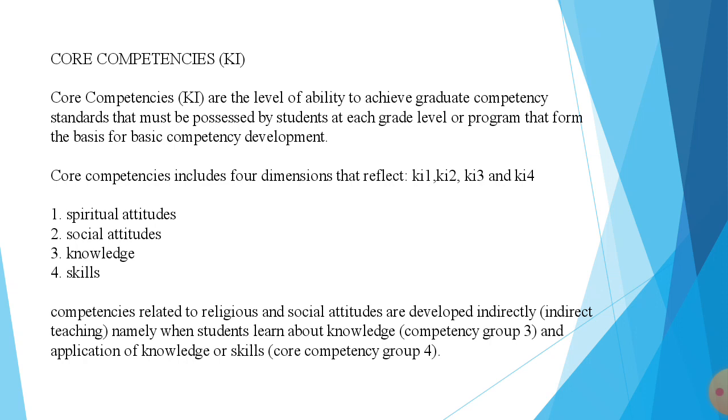Spiritual attitudes, 2. Social attitudes, 3. Knowledge, 4. Skill. Competencies related to religious and social attitudes are developed indirectly, namely when students learn about knowledge, competency group 3, and application of knowledge or skill, core competency group 4.